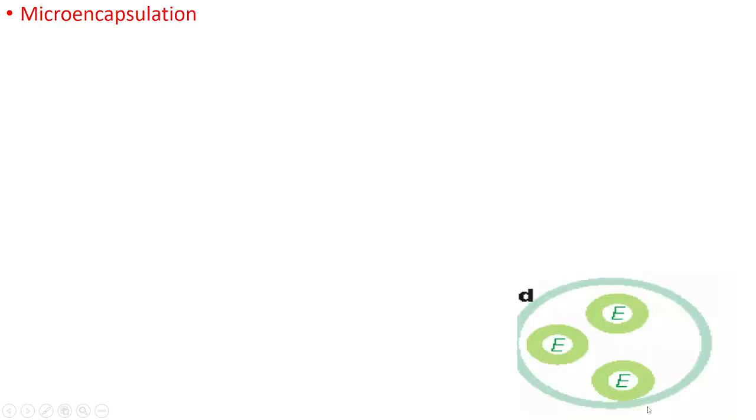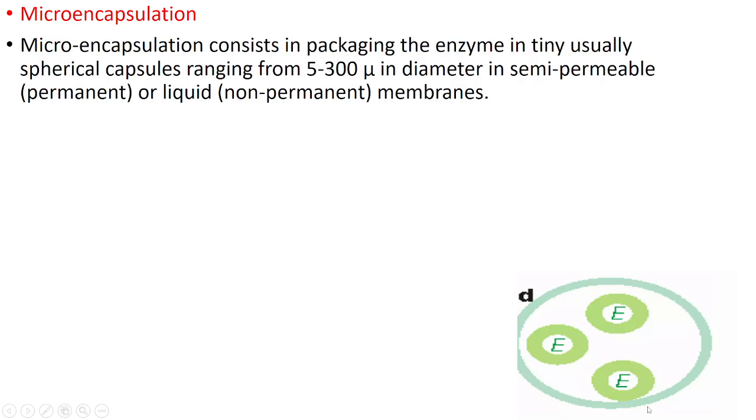Then you have microencapsulation, which is a type of entrapment technique. Here very small beads are formed. Microencapsulation consists of packaging the enzyme inside spherical beads or spherical capsules, and the size of this capsule will be 5 to 300 micrometers. That is why it is called microencapsulation, very small size.